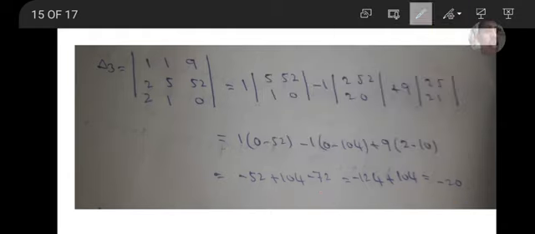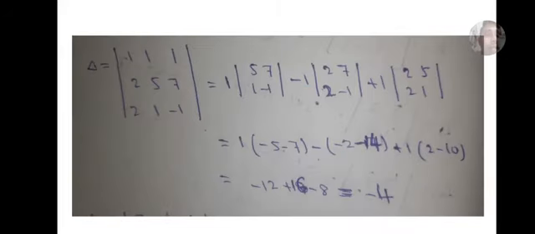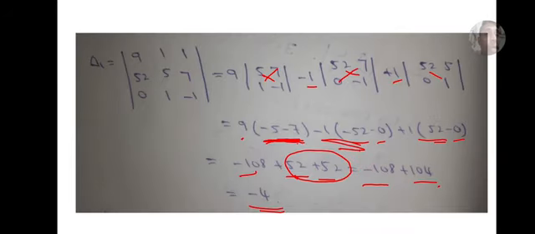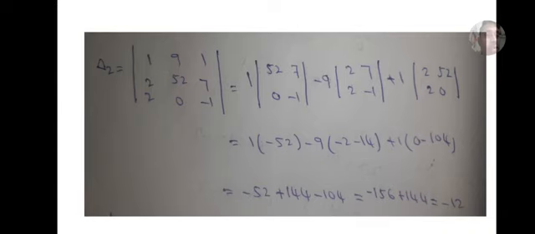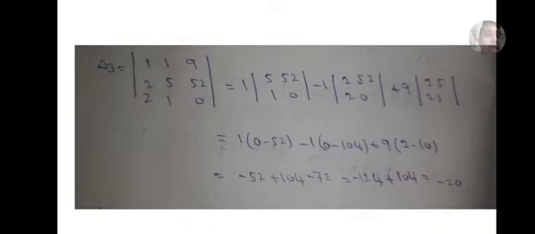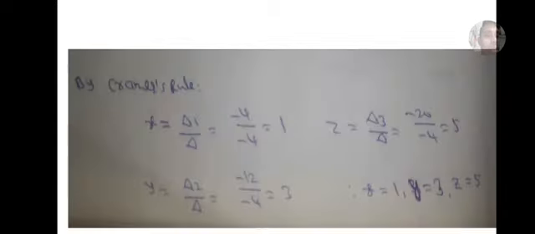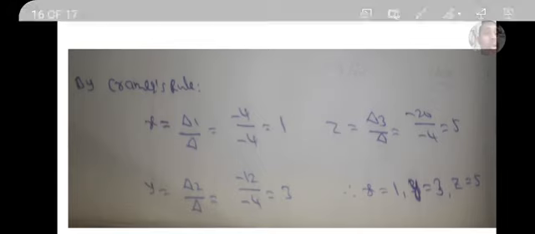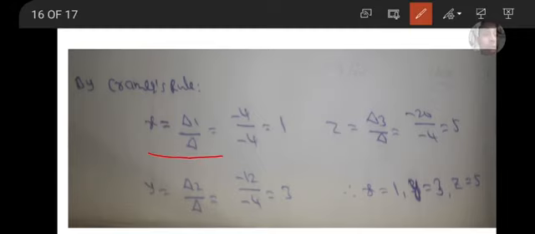Therefore, the delta value is minus 4, delta 1 value is minus 4, delta 2 value is minus 12, delta 3 value is minus 20. By Cramer's rule, x value is delta 1 by delta, that is minus 4 by minus 4, cancel out, we get 1.